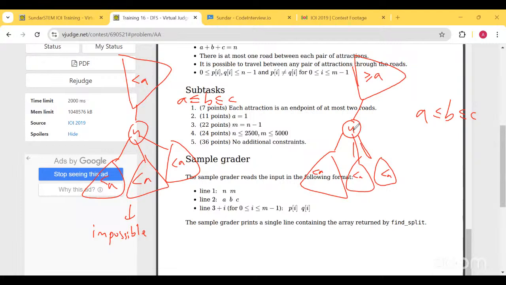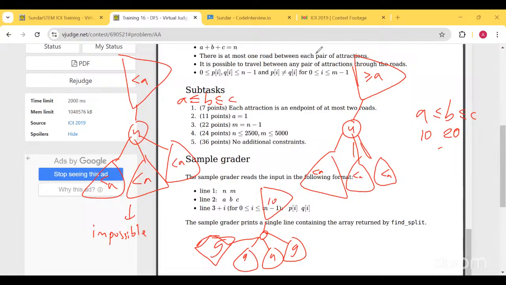Is it always possible or sometimes it is not possible? What if, for example, A is 10 and then B is 20? So this is just 9, 9, 9, and then this is just 10. Is this always possible?